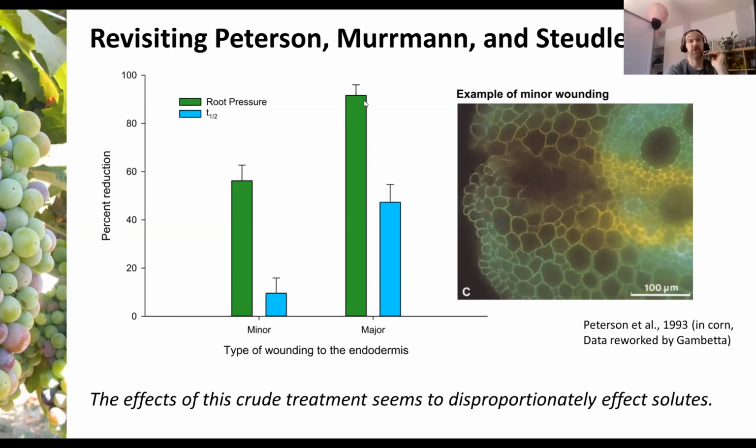Almost 100% reduction of root pressure in the major wounding. But when you minor wound it, they didn't see much of a change in root hydraulic conductance. It was about 10% reduction. And it goes up in the major wounding.